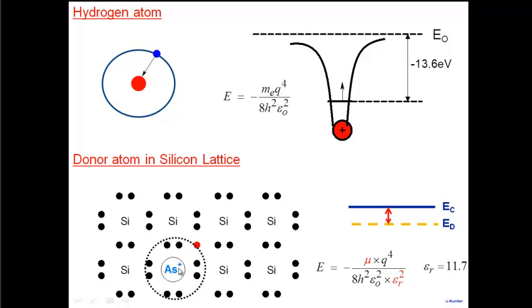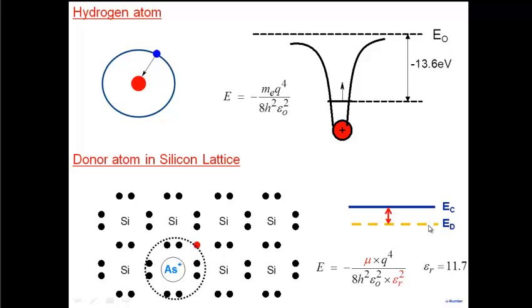Another arsenic atom somewhere else will introduce another level there. Remember, on average, the concentration of donors that we add is small, so the separation between two arsenic atoms will be very large, and there's very little interaction between them. So they are all localized states. Once an electron is on arsenic, it's a localized state. That's why the broken line shows localized states here.